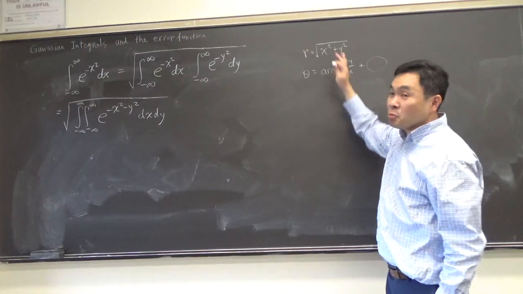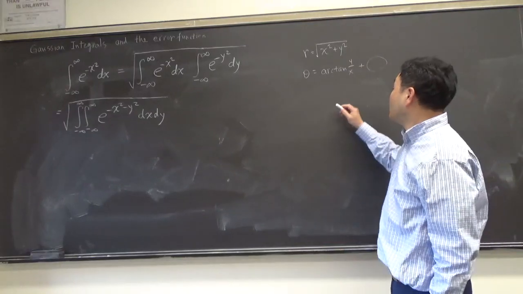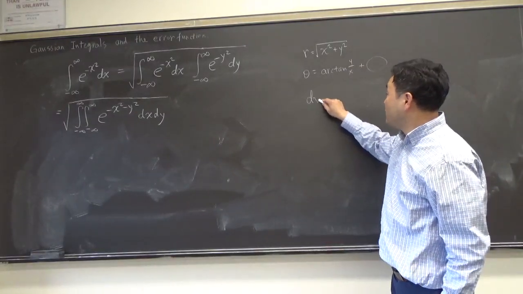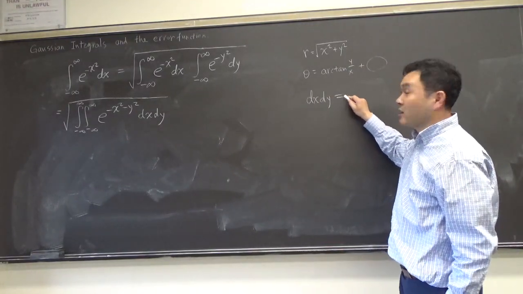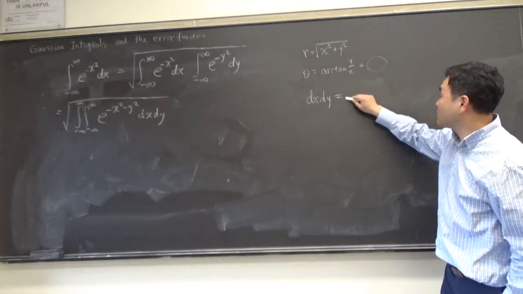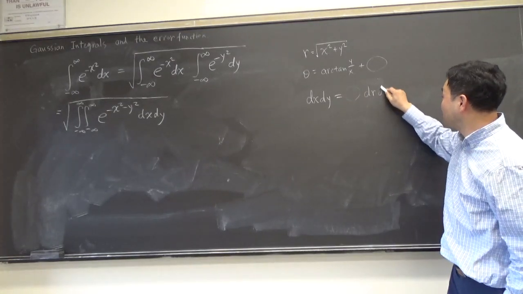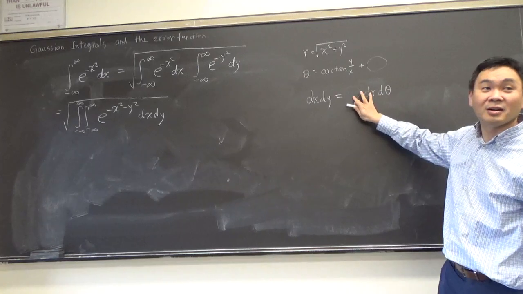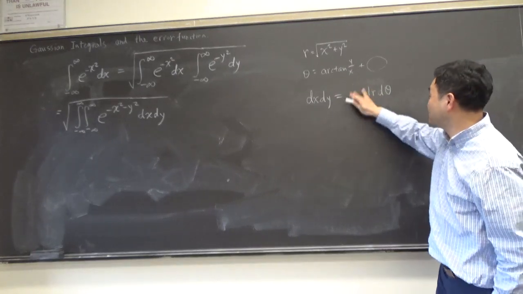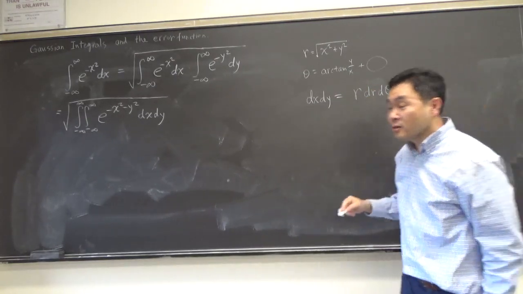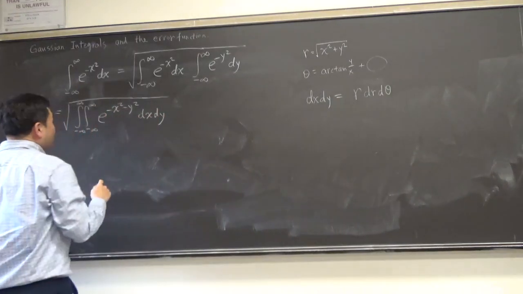And with this new polar coordinate system, dx dy also transforms as, does anyone know? It's something dr d theta. What goes here? R. R. Good, good. All right. So you can rewrite this.